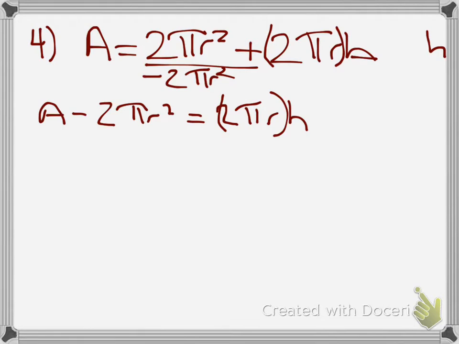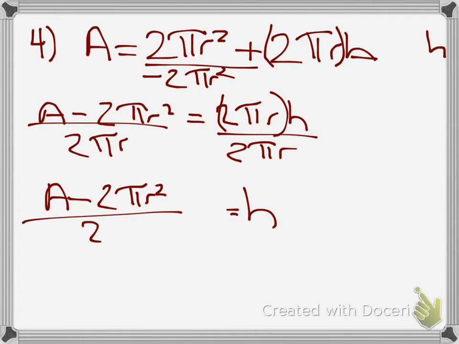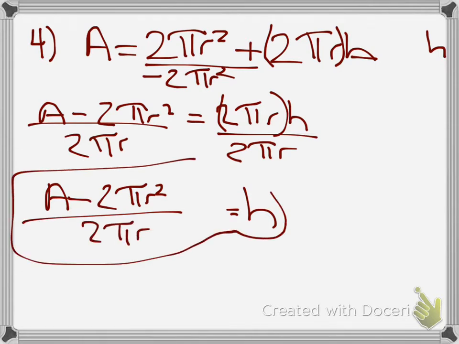All of this is multiplying, so I can divide. That leaves me with h by itself, and I would write A minus 2 pi r squared over 2 pi r, and that would be my answer. And that's all you have to do.